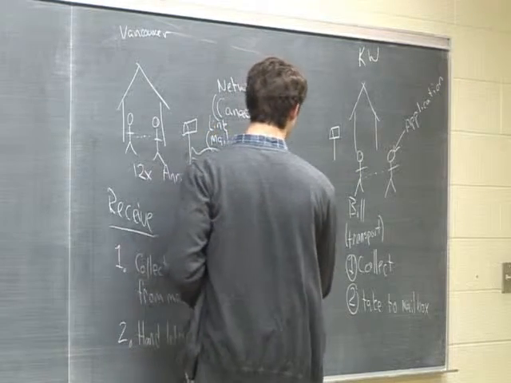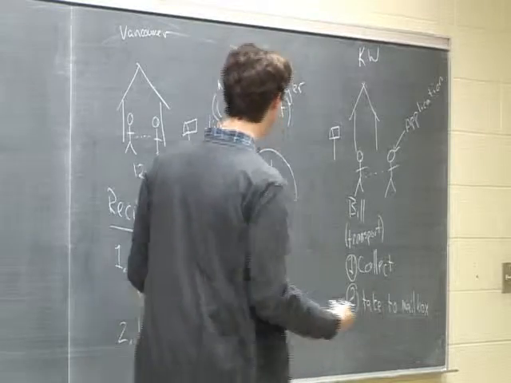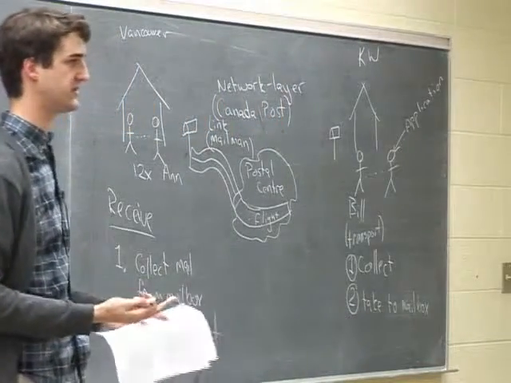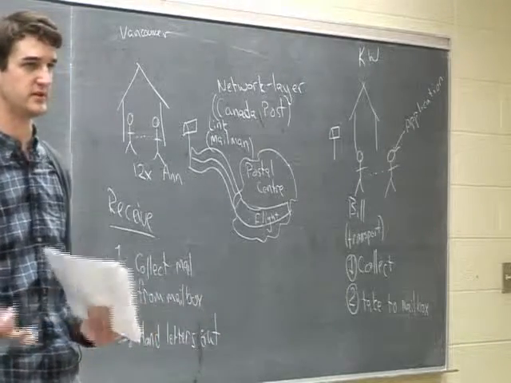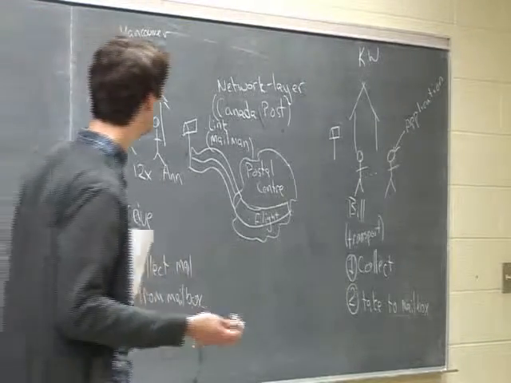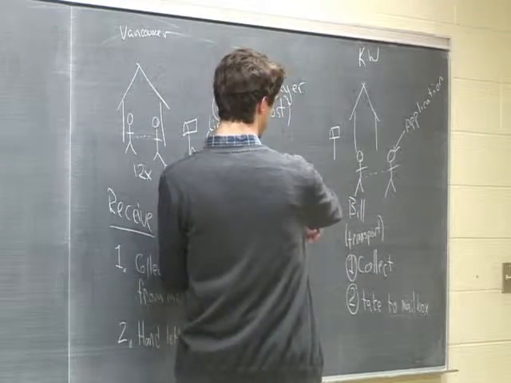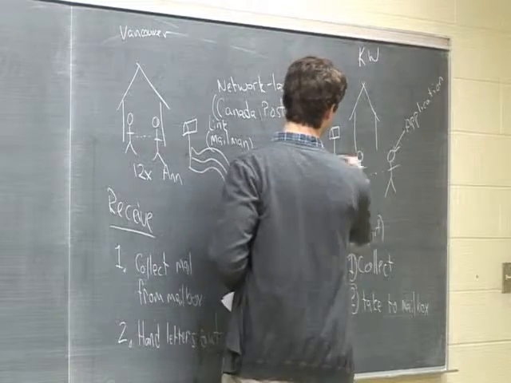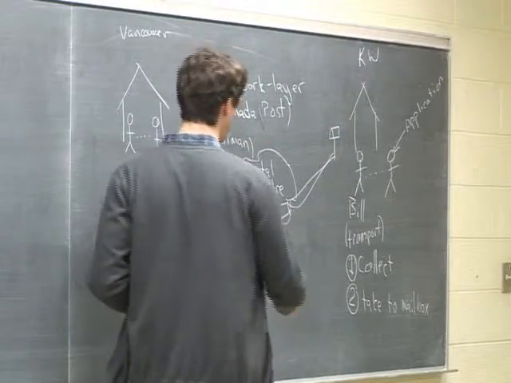Let me write flight, because there's a whole set of protocols and customs associated with the flight. For instance, the mail may have to be x-rayed before you put it on the flight. So all that together is the link layer protocol of the flight. And then again, here we have another mailman who actually delivers it to your mailbox, okay?